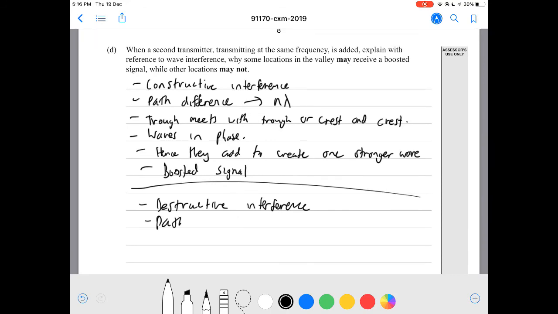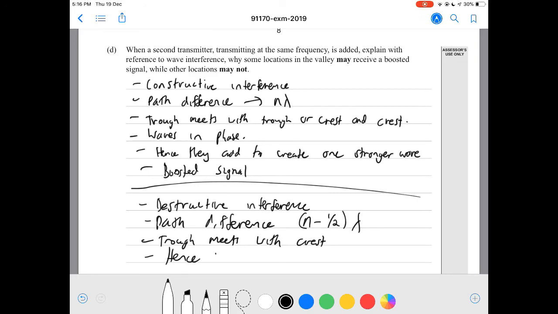Our path difference in this case would be not a whole number, so a fractional number, so n minus 1.5 lambda. We can say that trough meets with crest, and hence waves are not in phase.